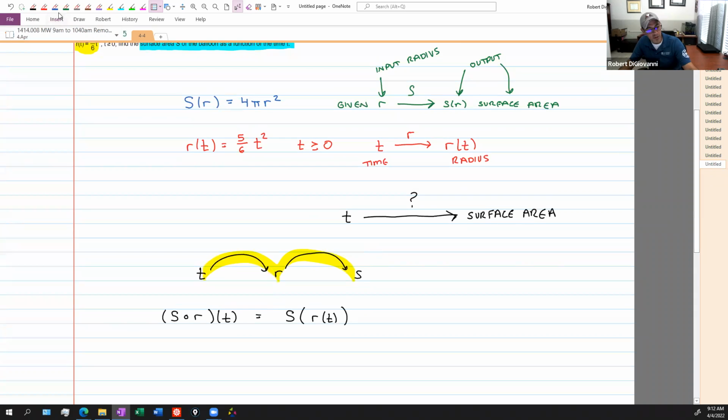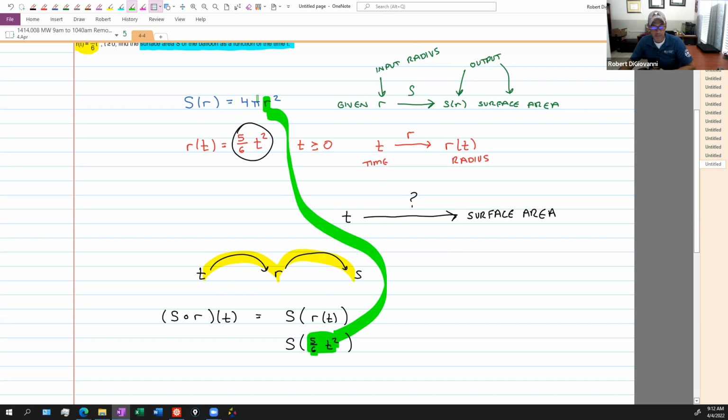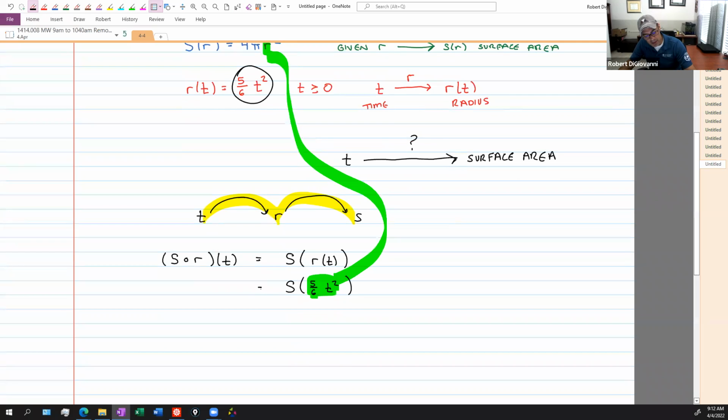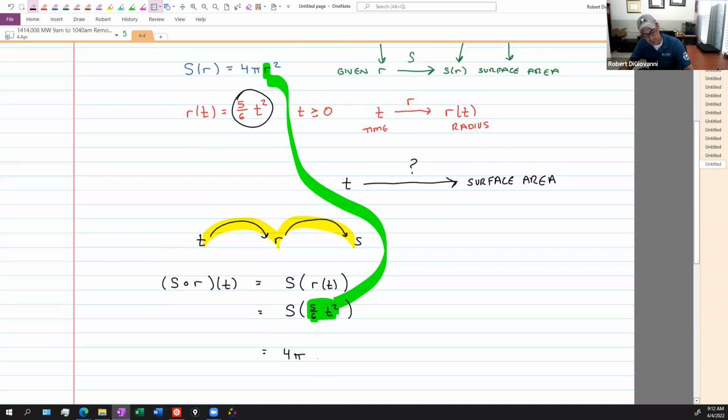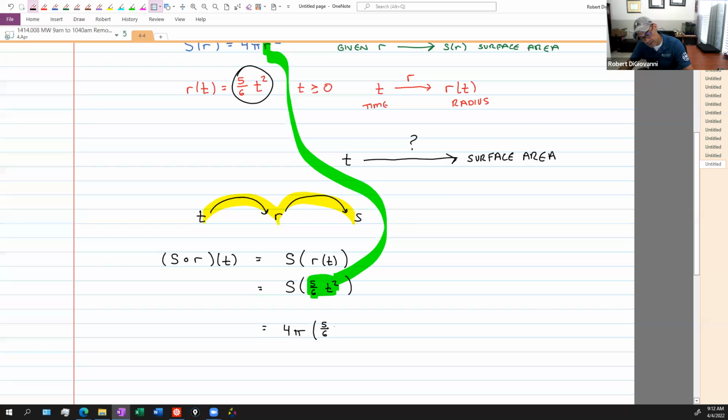So let's do that. First of all, the S function, and inside of it, we put the radius function, which is this, right? So 5/6 of T squared. Now that's become the input. This goes into the S function for R. So when I plug that into the S function, I get 4 pi, and then whatever the radius is, which we just said was 5/6 T squared, but then we have to square that radius.